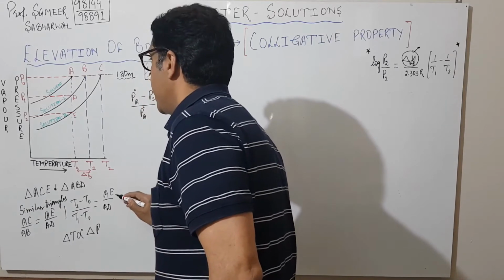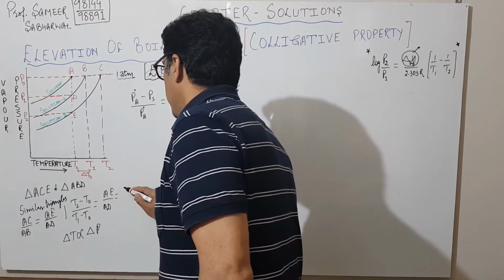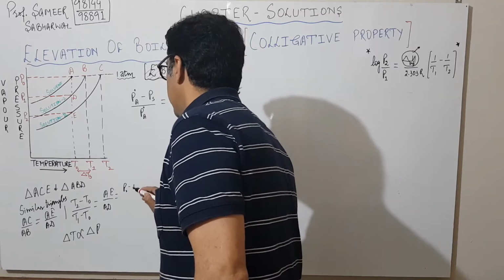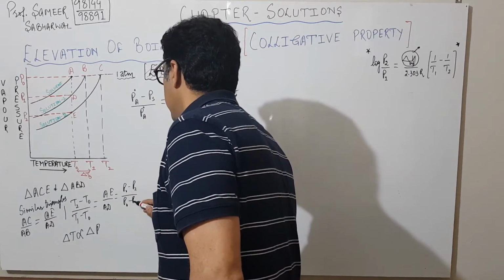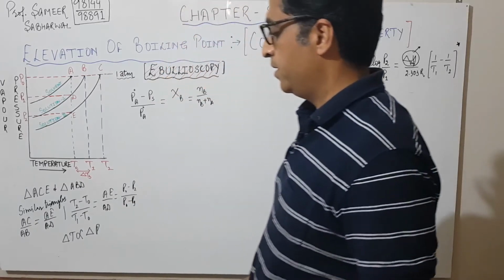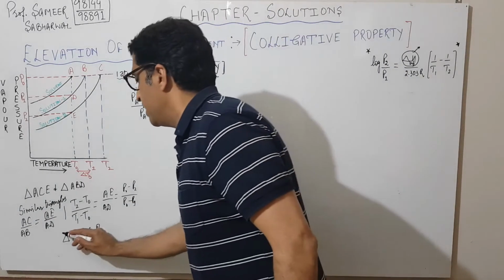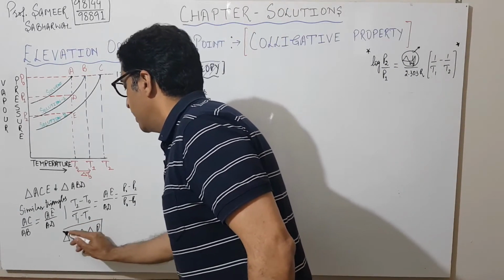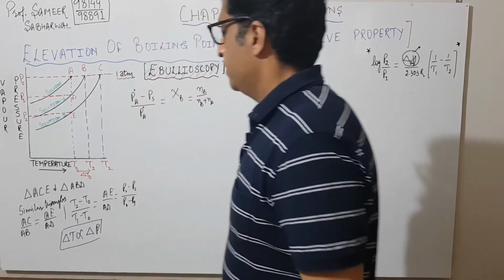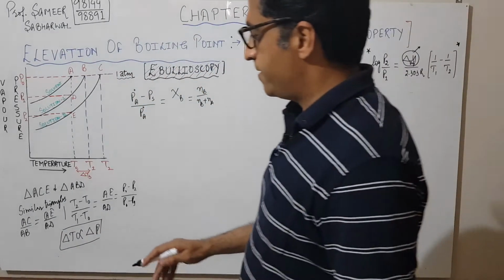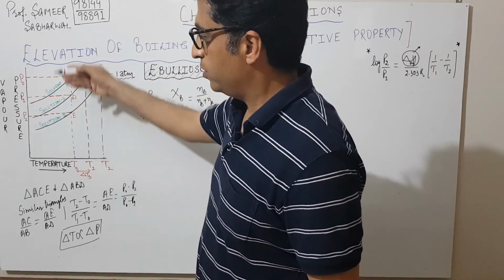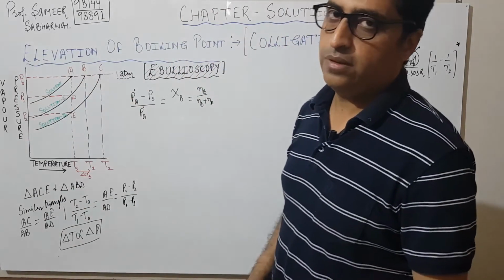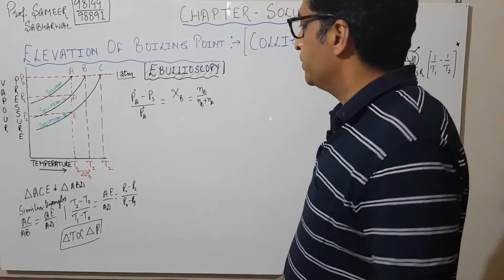Because what is AE? This is (P0 minus P2) divided by (P0 minus P1). So this is coming out to be delta T is proportional to delta P. So how much is the change in boiling point? That is proportional to the change in vapor pressure of the components of the solution.